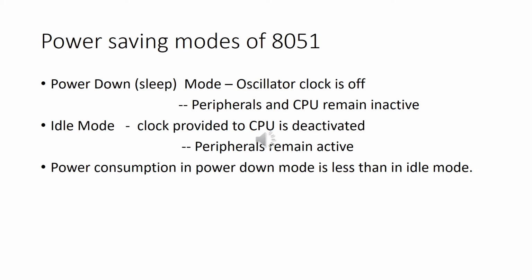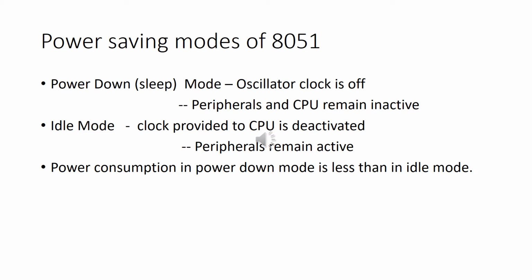Let us see different power saving modes of 8051. First one is power down mode, that is sleep mode, and the second one is idle mode. When the 8051 is in power down mode or the sleep mode, the oscillator clock is off, the peripherals and the CPU remain inactive. When it is in the idle mode, clock provided to the CPU is deactivated and peripherals remain active.